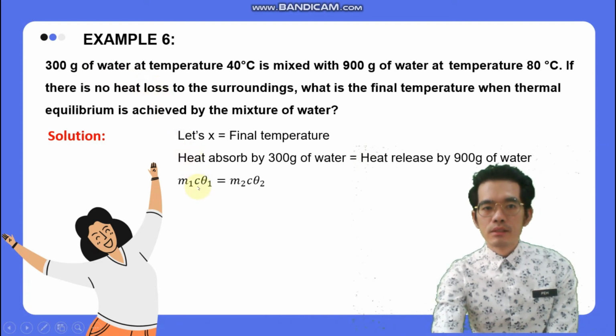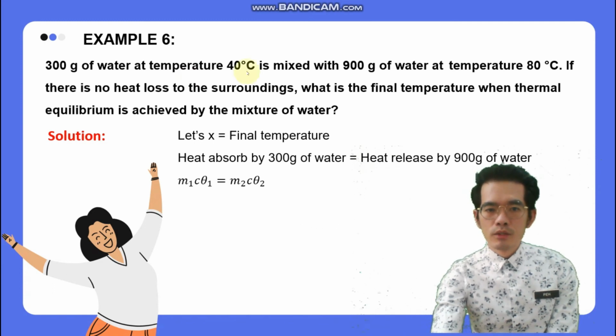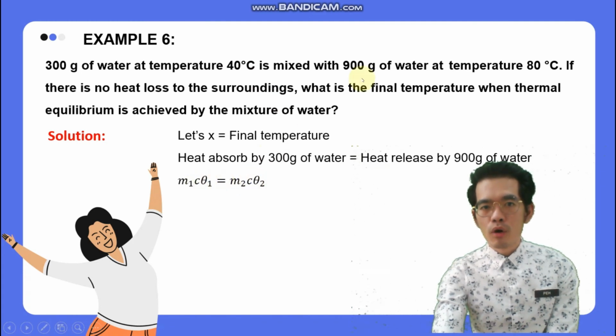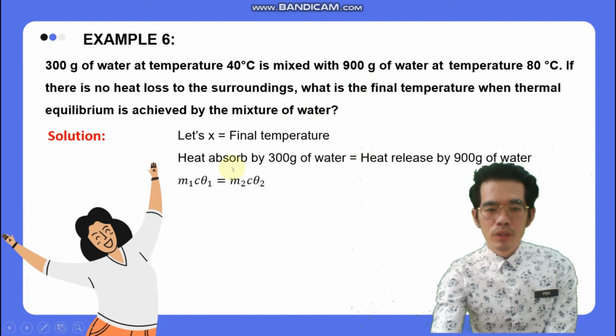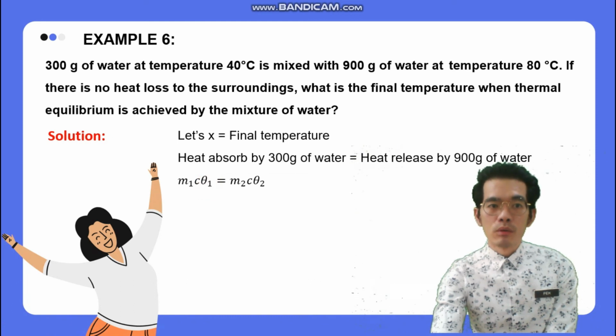C is the specific heat capacity of water. The question does not give us the value of specific heat capacity of water, but we can cancel out both specific heat capacities as both cups are the same material.